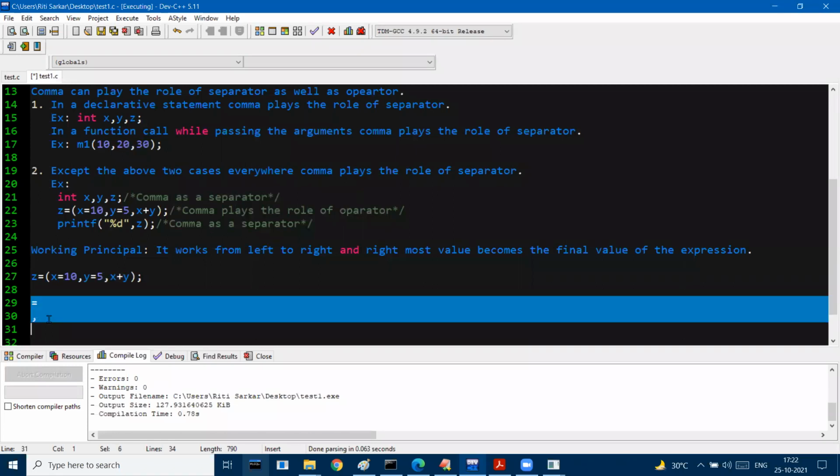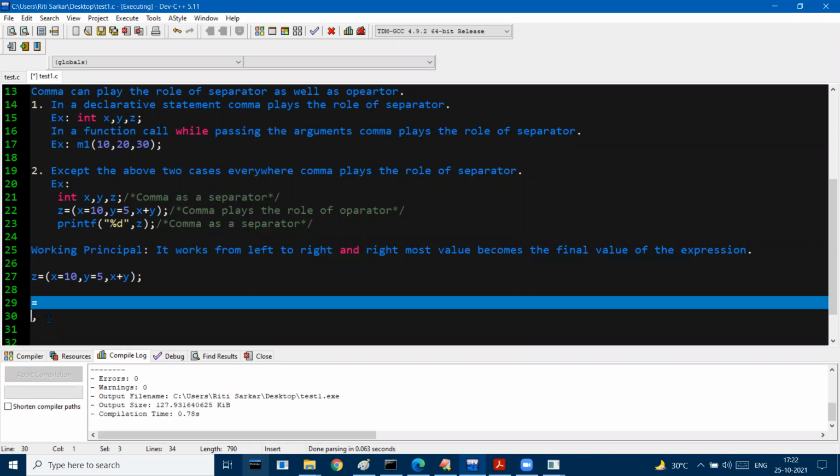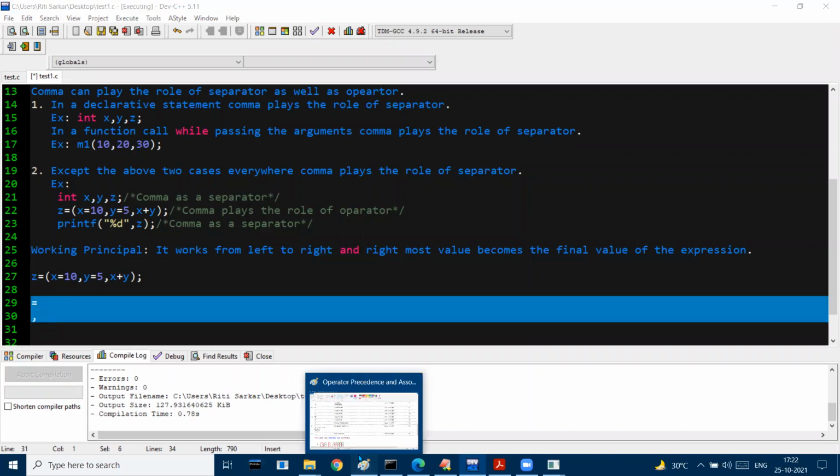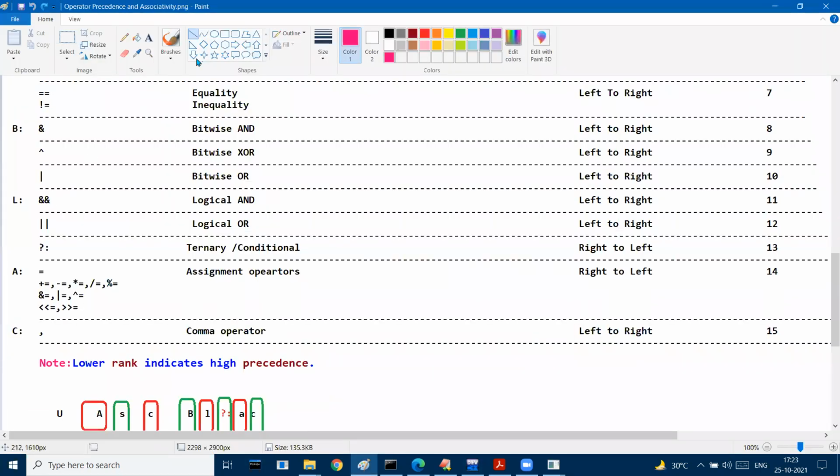You have to tell assignment has higher precedence compared to comma. Who is telling that? The associativity precedence table is telling that. As per the precedence associativity chart, the assignment operator's precedence is higher compared to that of the comma.